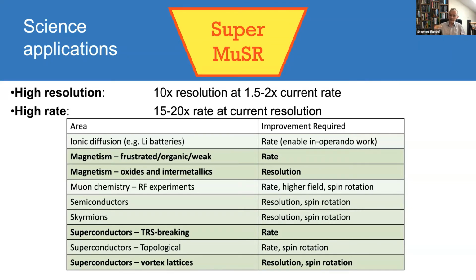At the moment, the spin direction in a muon experiment at ISIS is limited to being along the beamline, or very, very slightly canted out by a degree or two. In the future with SuperMuSR, we will be able to rotate the spin around, as is done in a number of continuous facilities.